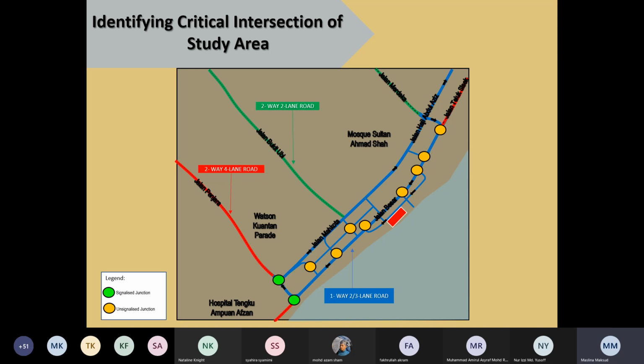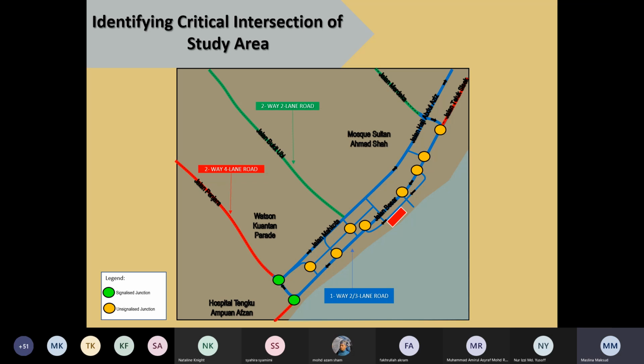Jalan Penjara consists of a two-way four-lane road. Meanwhile, Jalan Bukit Ubi has a two-way two-lane road.